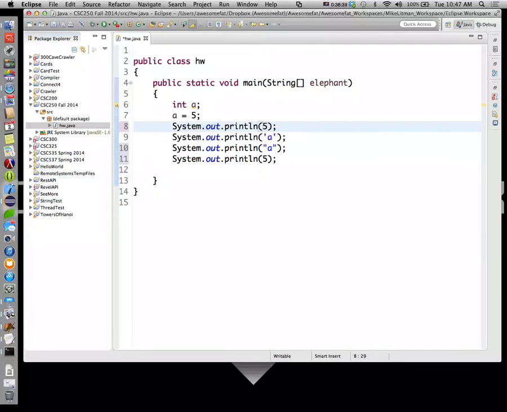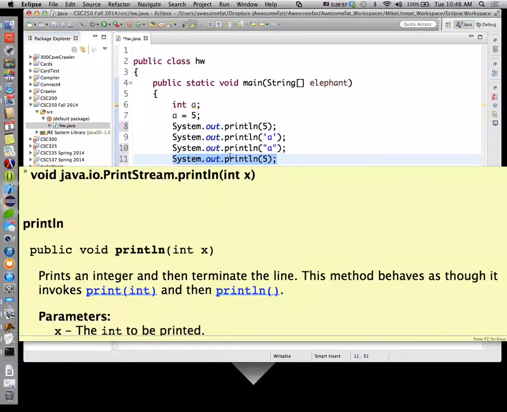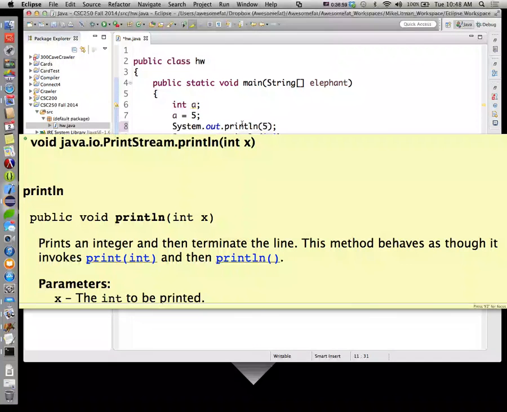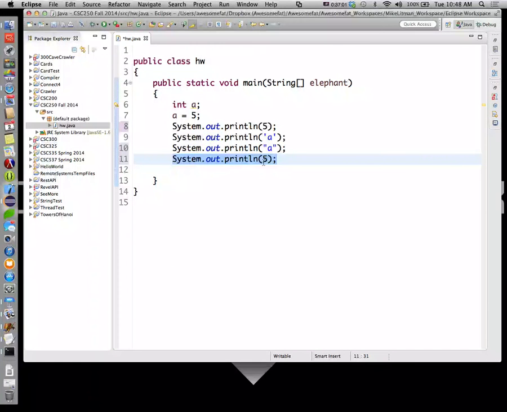So it's actually printing out the literal 5 after it resolves the value contained within the variable A. This line and this line do the identical thing. The second line just took one less step, because we didn't have to resolve the variable; we gave it a literal.